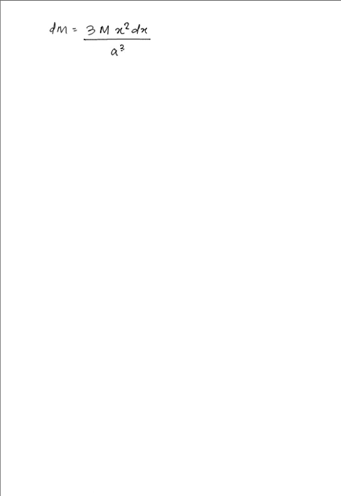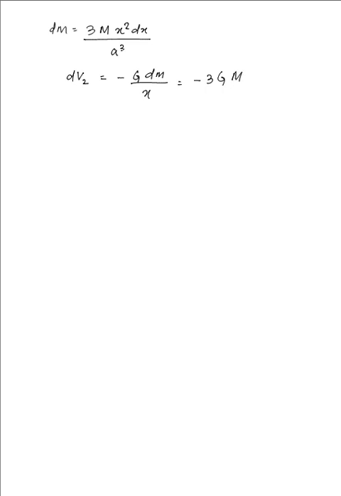So this is the mass of that elementary shell that we have considered, and the potential obviously is minus GM divided by x. So dv2, that is the potential for the outer region, is minus G dm divided by x, and just putting the value over there for dm, what we get is minus 3 can go out, G remains as it is.